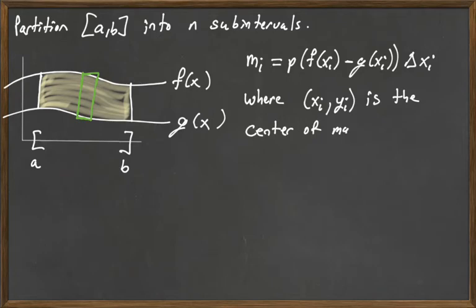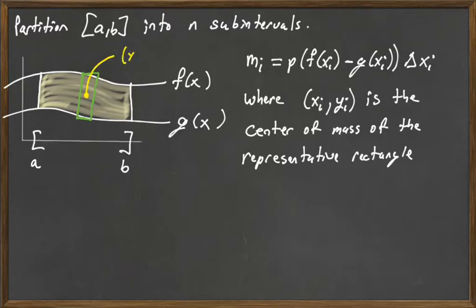So the x sub i would be dead center in the middle of the rectangle, somewhere right here, and the y sub i would be right in the middle there. Anyways, let's continue. So the x sub i, y sub i is the center of mass of the representative rectangle.